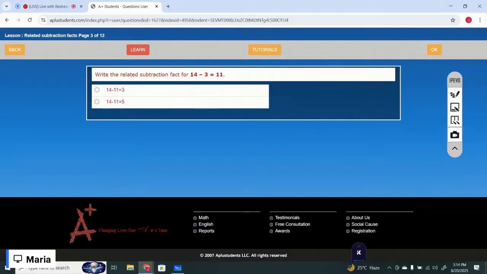Write the related subtraction fact for 14 minus 3 equals 11. That is 14 take away 11 equals 3. Option number 1 is the correct option.